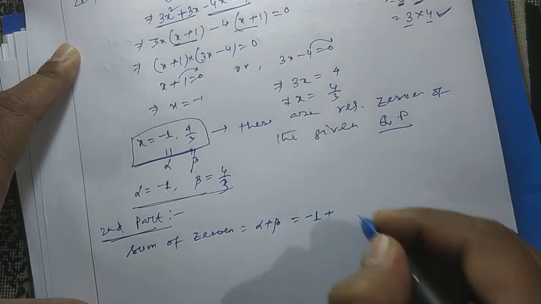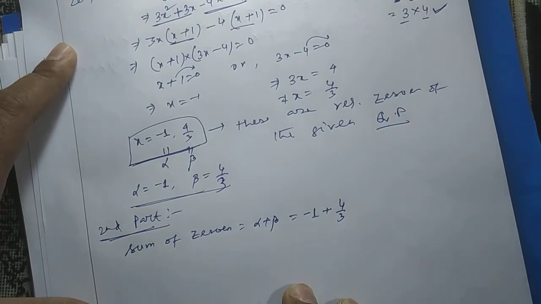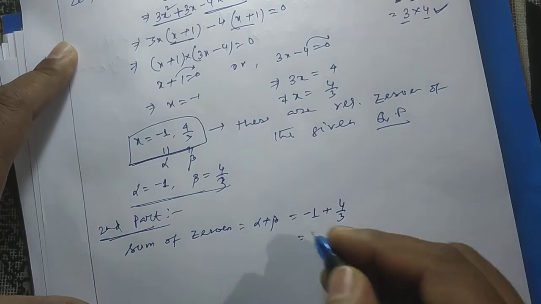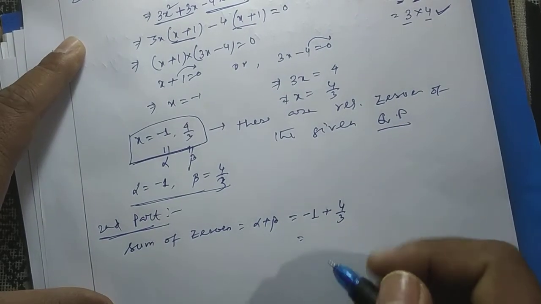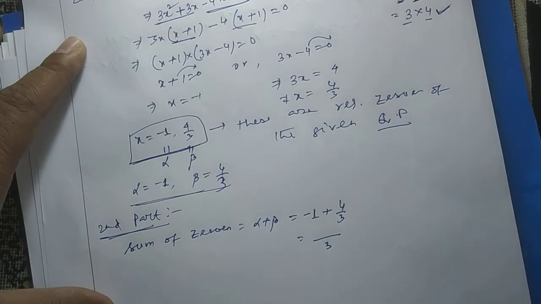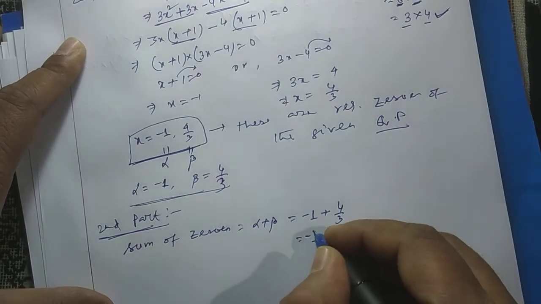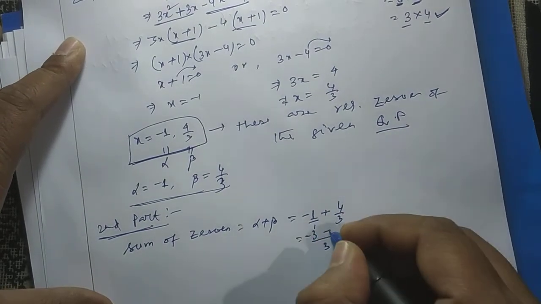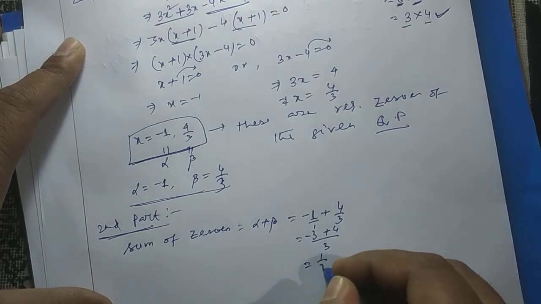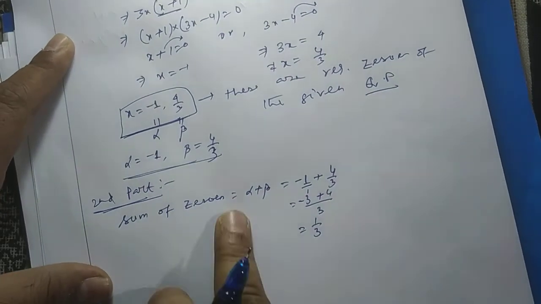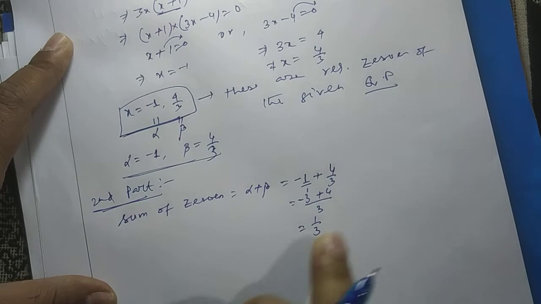Minus 1 plus 4 by 3. Then if you do the adding, then the LCM will be 3. So minus 3 plus 4 means it will be 1 by 3. So here the value of alpha plus beta is 1 by 3.